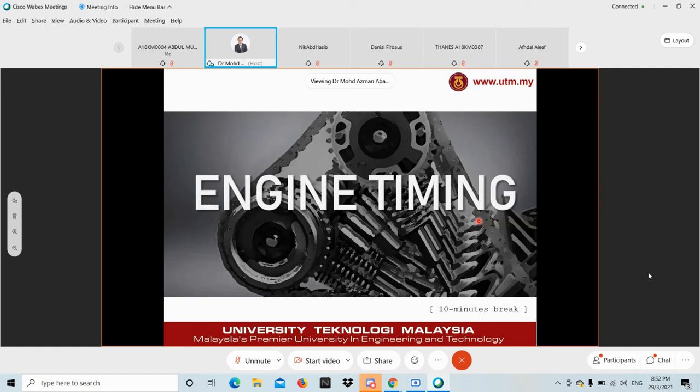So in the diesel or CI engine, it's as simple as more fuel, more power. But not in the case of the SI engine, where you need more air, then the fuel needs to be correct, then you get power. On the CI engine, more fuel, more power. And more fuel, what happens? Lots of smoke.